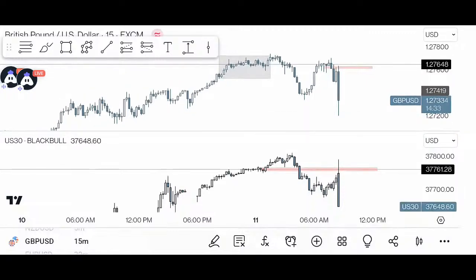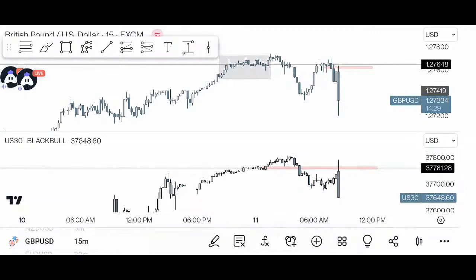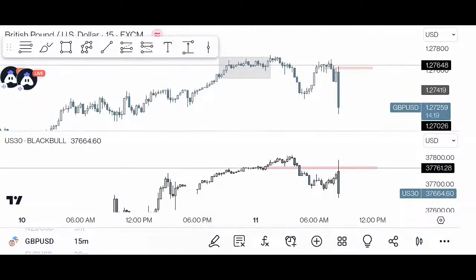You can see the price got rejection from both the US30 and the GBP, because they are correlated pairs. And where will it go? It will reach the line that I have drawn there, that 1.27026 level.